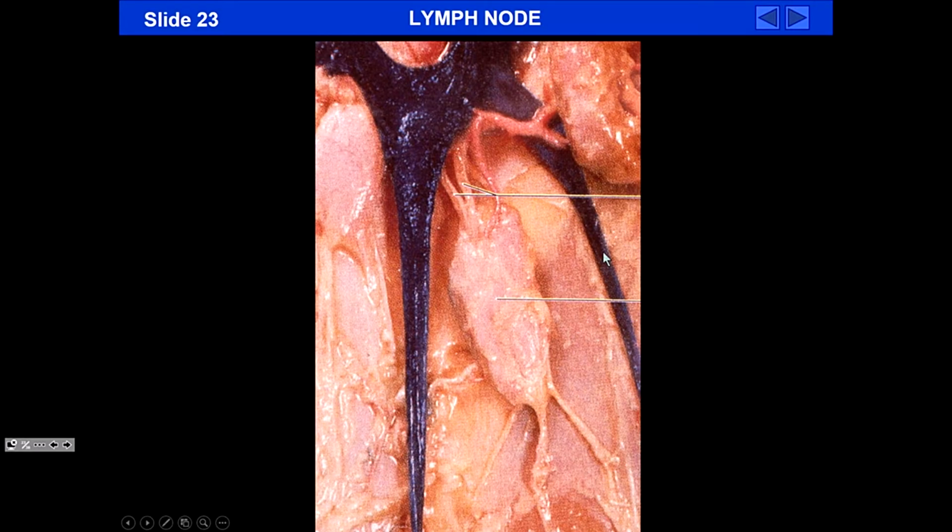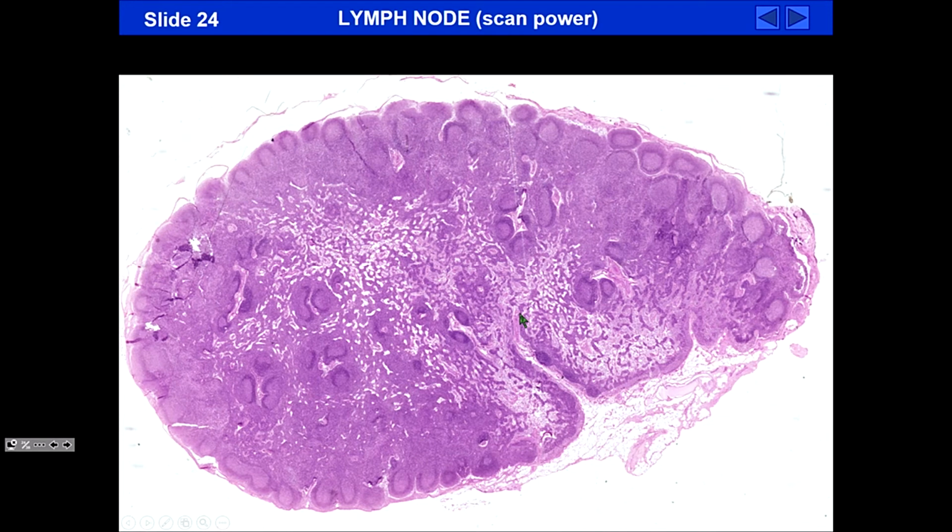Okay, so here's our lymph node shown here. And at low power you can see this bean-shaped structure. Subcapsular sinus is going to drain into trabecular, then medullary sinuses, and then exit out the hilum down here. Blood vessels come in the opposite way, come up to the paracortex, do a loop, and then exit as well.